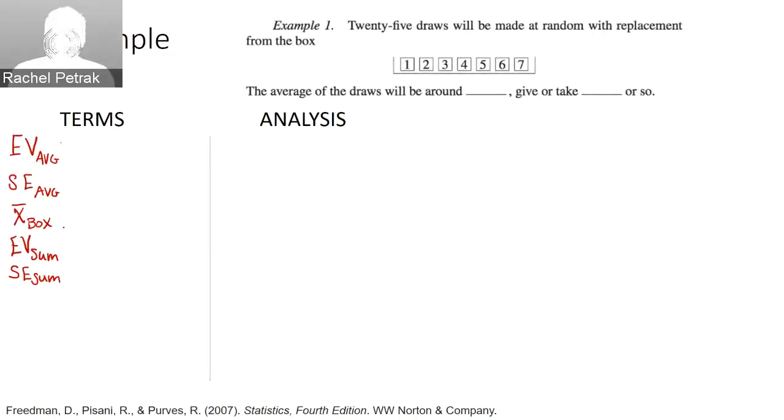First, in order to find our expected value, we're going to need the average of the box. This is generally our first step in a lot of these problems. We're also going to need the standard deviation of the box, which I'm going to give to you because this is not a shortcut standard deviation.